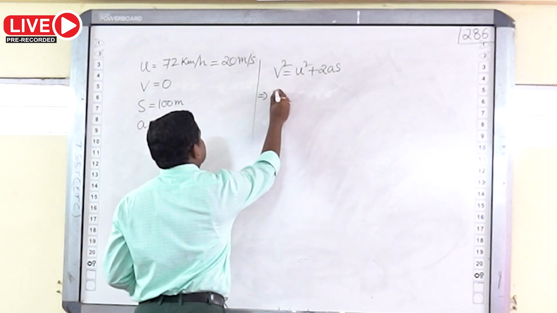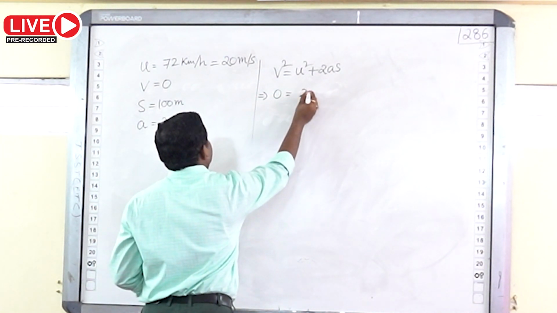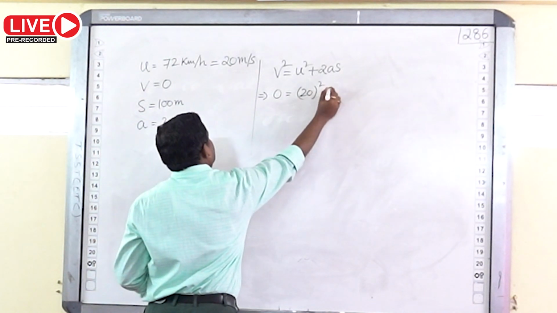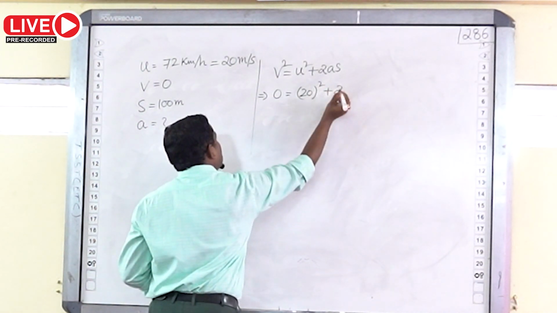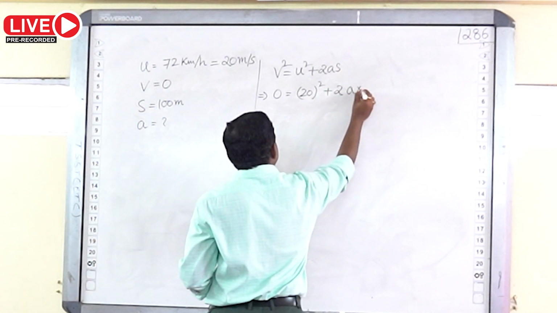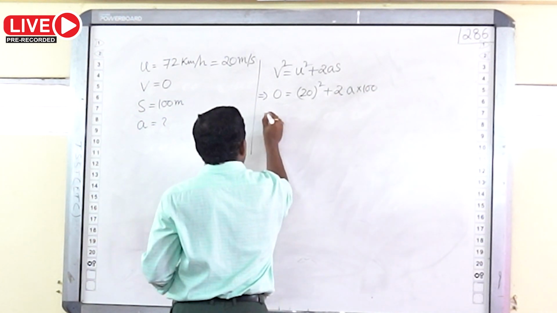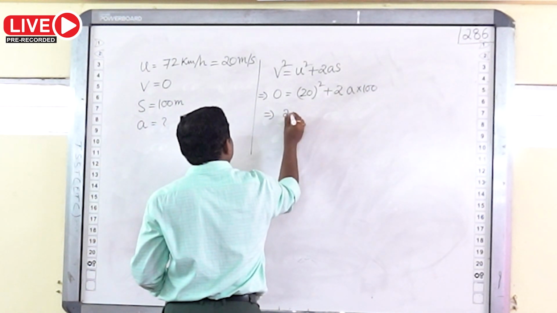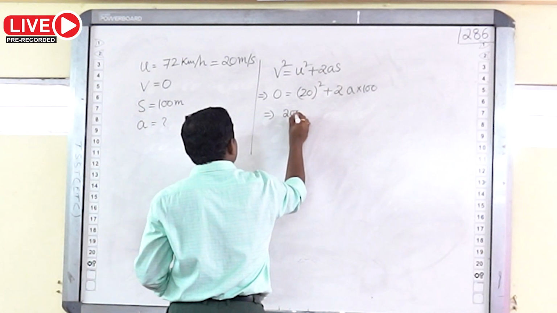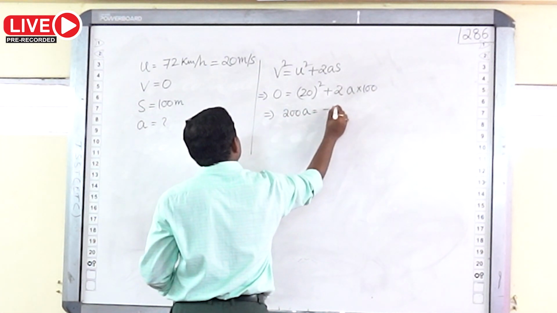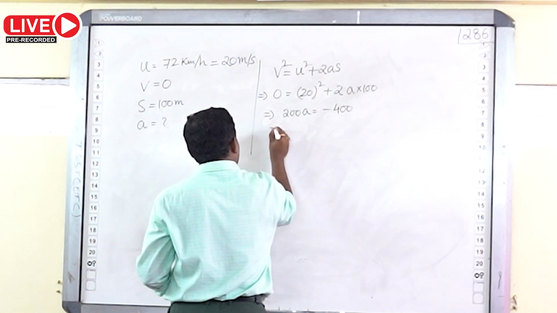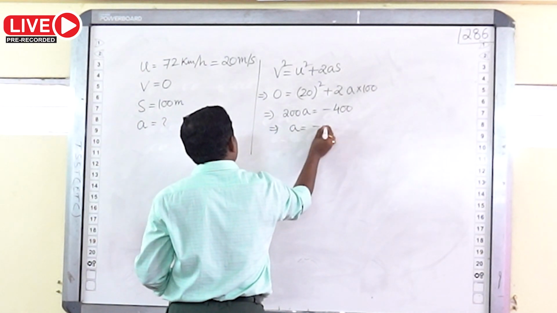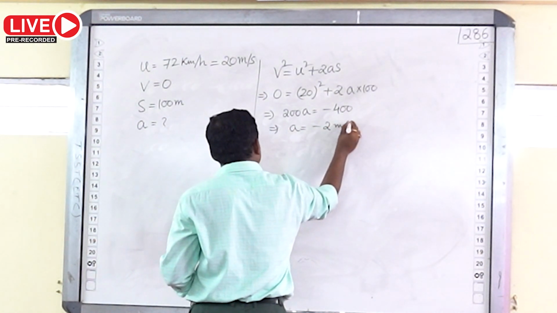V is given 0, U is given 20, plus 2, A, S is 100. So now we can write that 200A equal to minus 400, and A is minus 2 meter per second square.